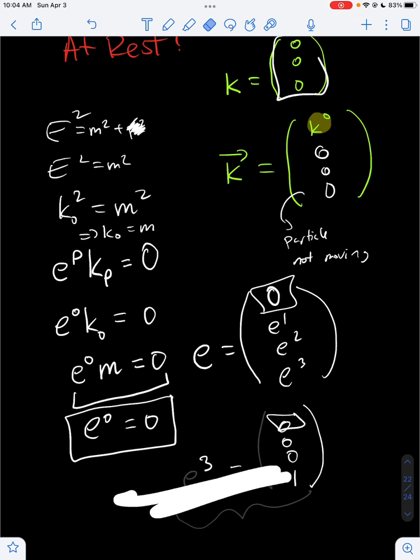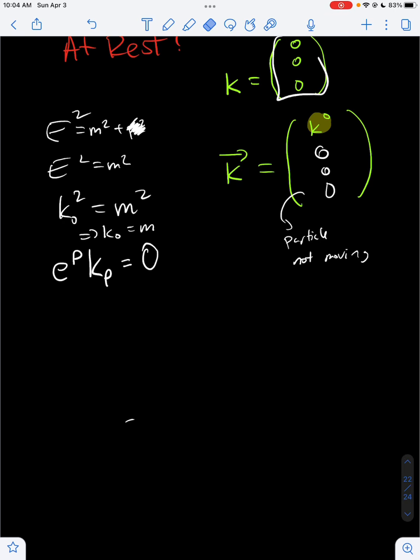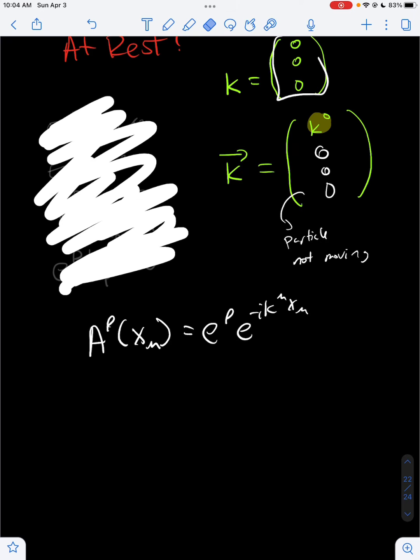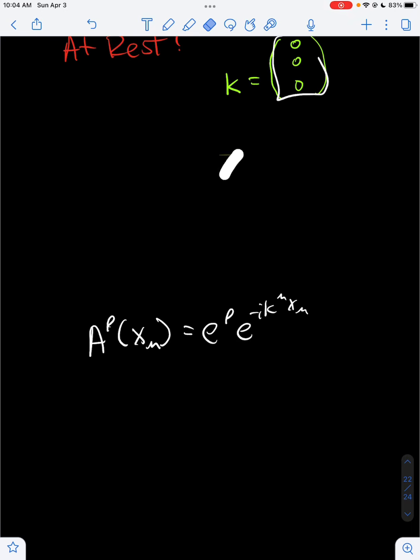Now we know that our solution, or one of our solutions, was A naught x mu equals E rho e to the minus i k mu x mu, right? I'm going to erase this part. And, sorry, ignore the sound in the background.